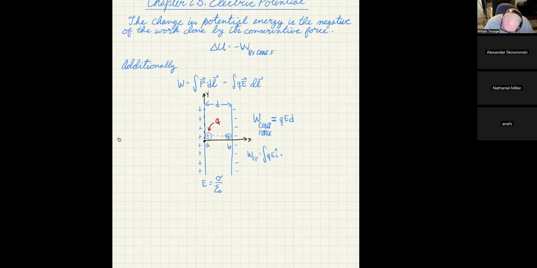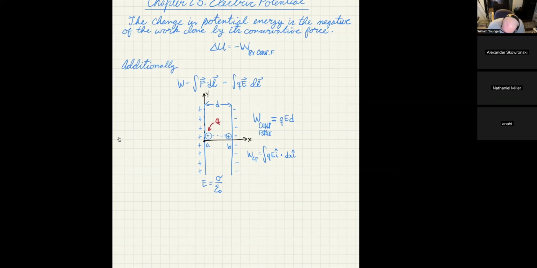And then that's going to be dotted with the differential line element that's parallel to the x-axis. Therefore, that line element is dx I hat. Now, remember, when we do a line integral or a path integral, we either choose the differential line element to point in the direction of the travel, and then we just take the integral from small variable to large variable, or we use the limits of integration to say which way we're going, and we just point the dl in the positive coordinate direction, one of the two.